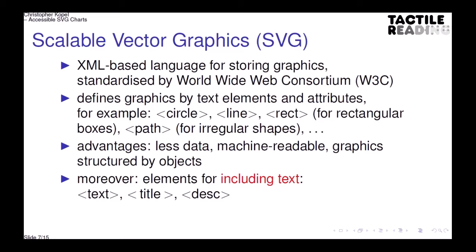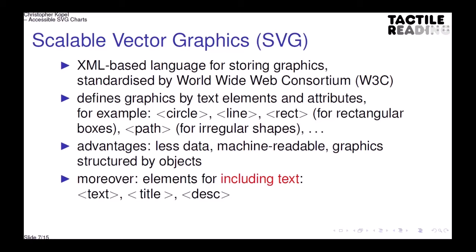Examples of these elements are circle, to draw a circle, obviously, or line, to draw a straight line, rect, to draw a rectangular box, or path, to draw an arbitrary irregular shape.